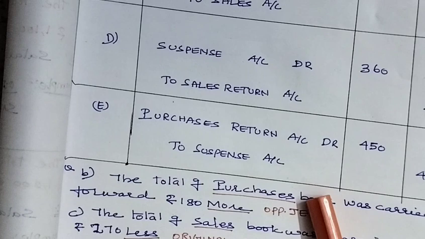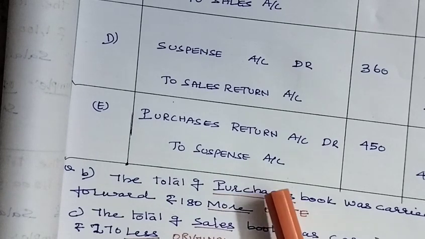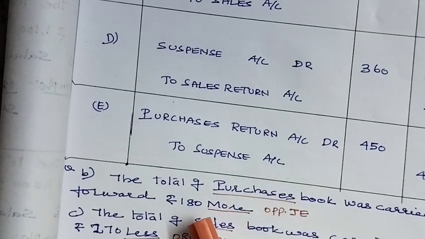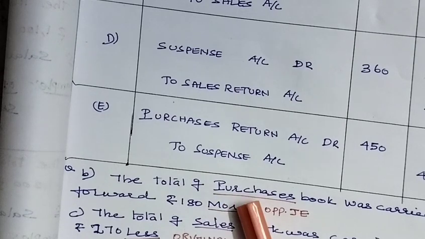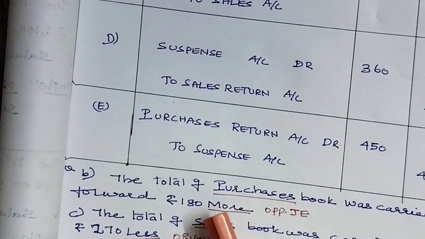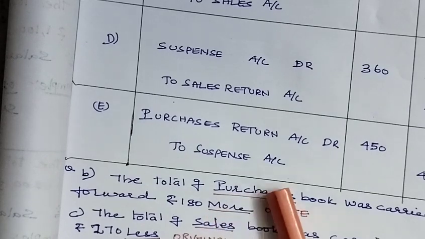Purchases book, purchases account is given here. What is the opposite journal entry for purchases account? Purchases account is always debited. So purchases account shows rupees 180 more. So this is the error. How could you rectify this error? You have to credit the purchases account only, and the error will be rectified.